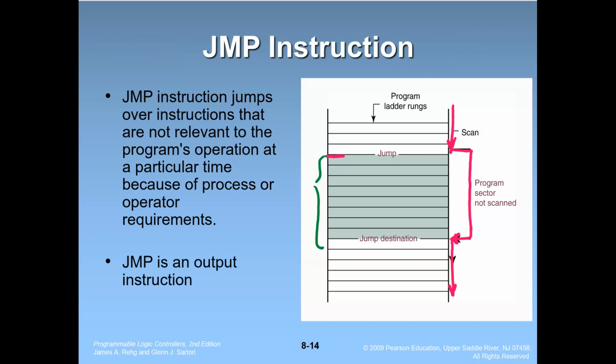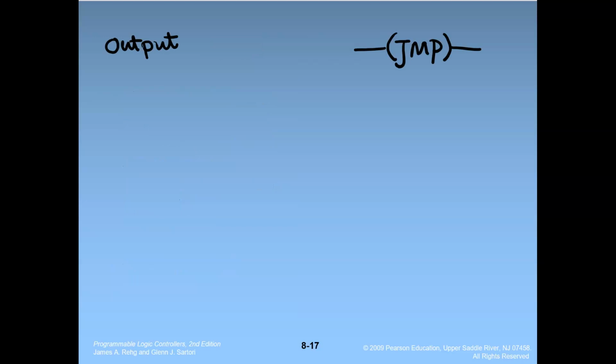The destination is called a label, so the jump instruction always needs to have a label. The label, which is shown by LBL, is an input instruction. So these two together allow the scan sequence to be changed and altered. They are also known as skip and go-to instructions.